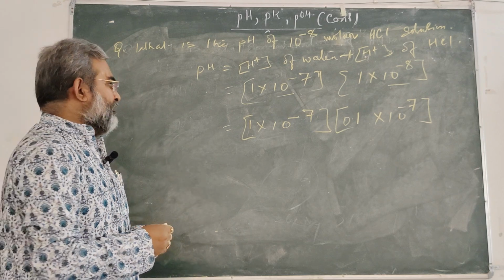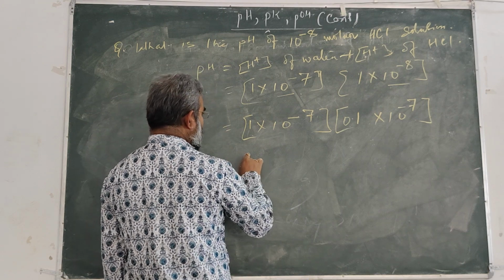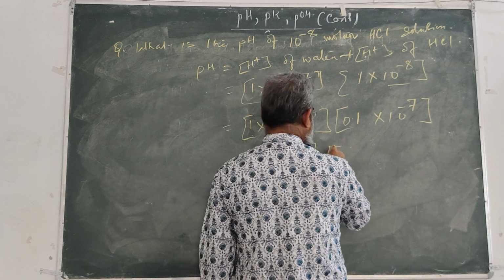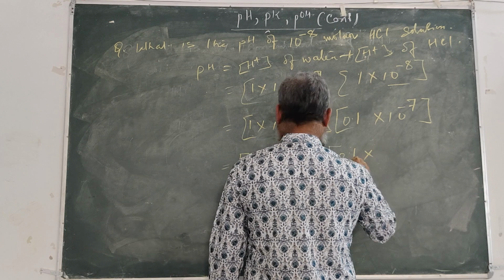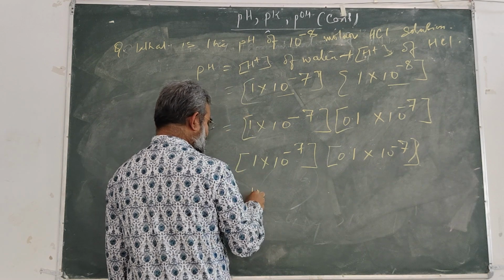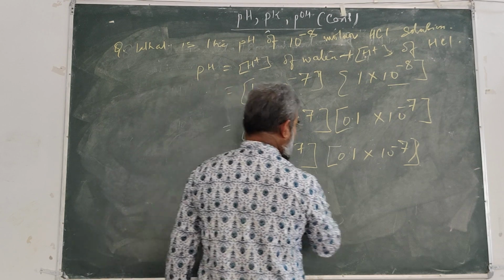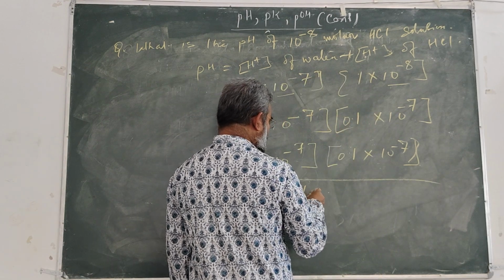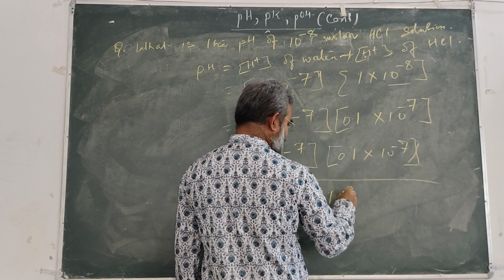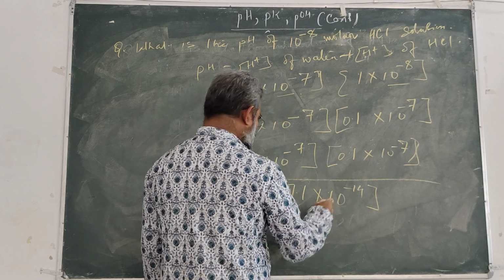Okay? That means here the value is 1 into 10⁻⁷, 1.1 into 10⁻⁷. If it is multiplied, 1.1 गुने 10 कितना हो जाएगा? -14.